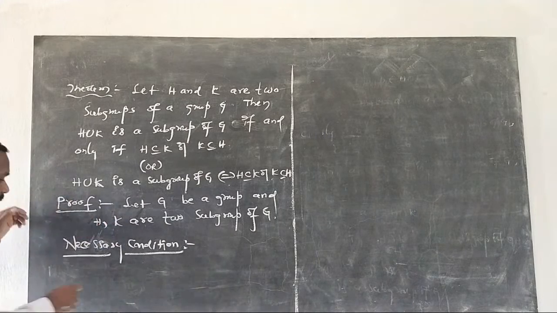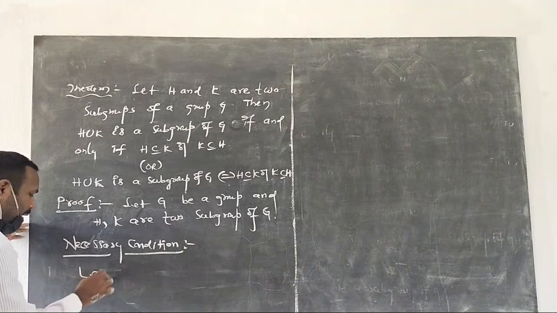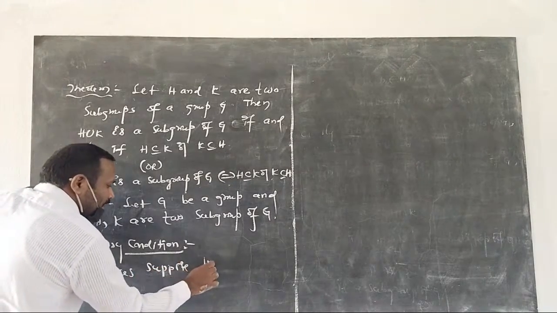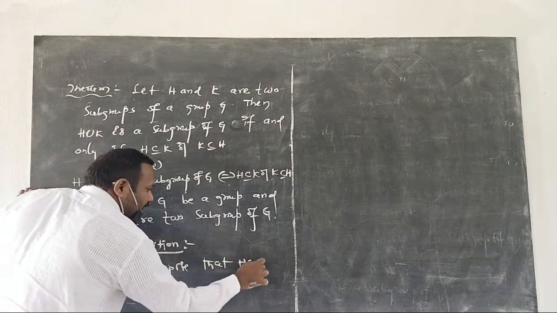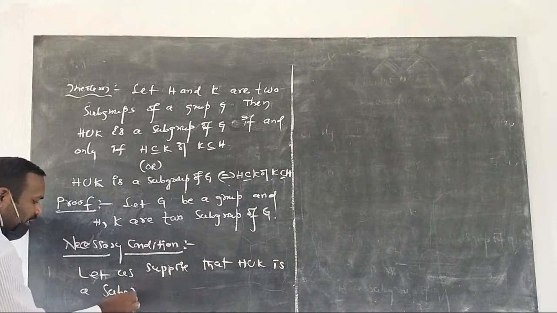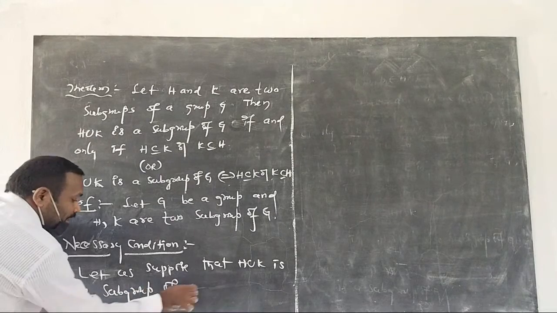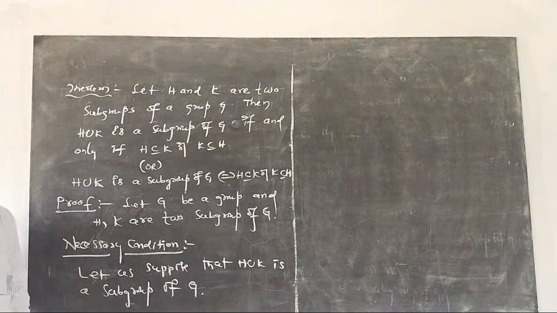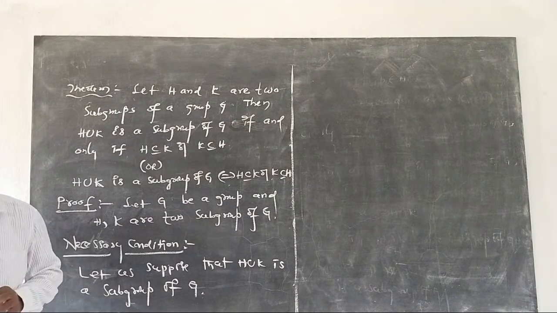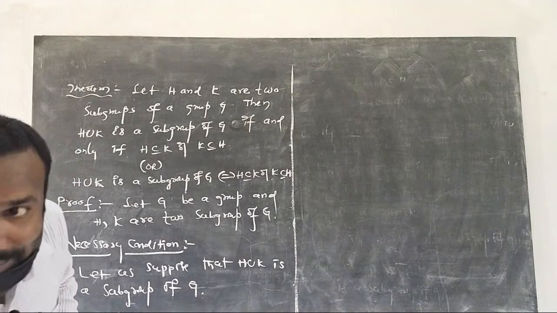Let us suppose that H union K is a subgroup of G. So this is our supposition in the necessary part. Are you writing? H union K is a subgroup. It is the supposition. What is our claim here?